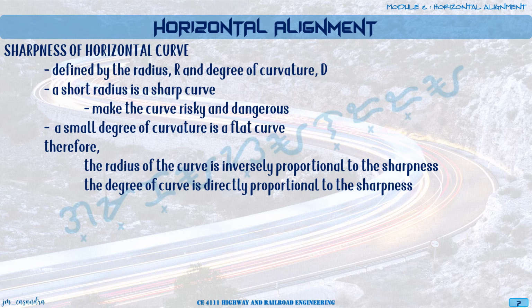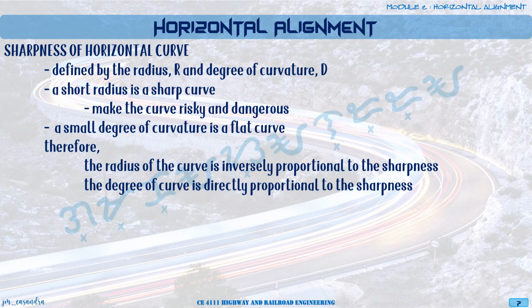And from our formula, our arc definition and chord definition, we could simply see that the relationship between our radius and degree of curve is inversely proportional. So the higher the radius, meaning we have a lower degree of curvature and a flatter curve or a lower sharpness, and vice versa.